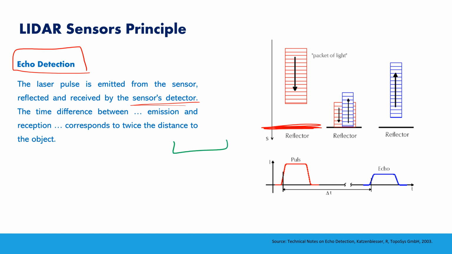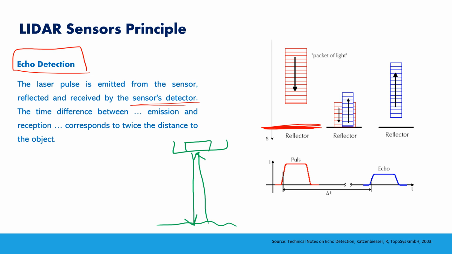Okay, so let's say that this is the laser scanner here, and this is the ground surface. So a laser pulse would be emitted and then it would be reflected back. Each laser pulse will travel the same distance twice.